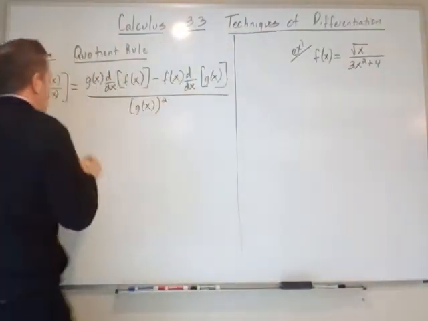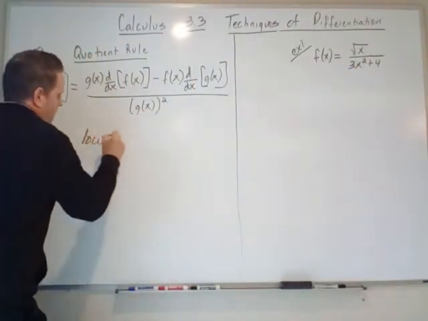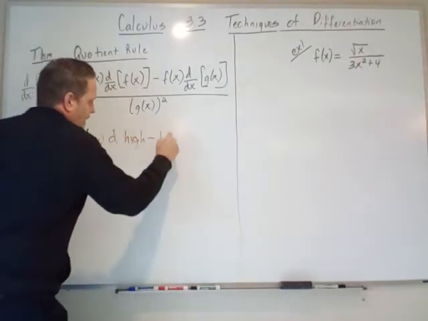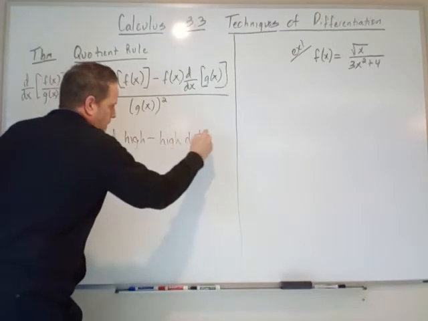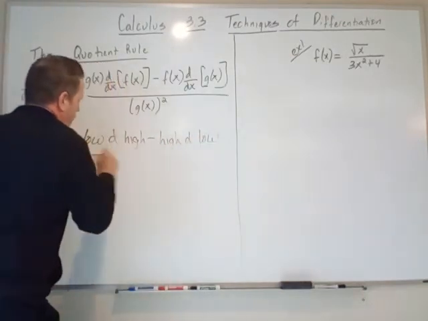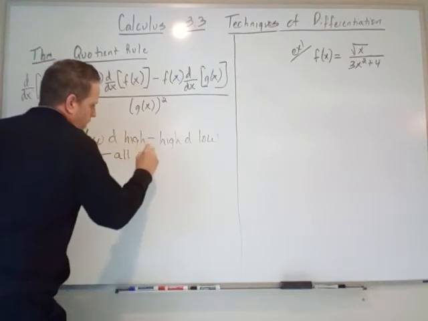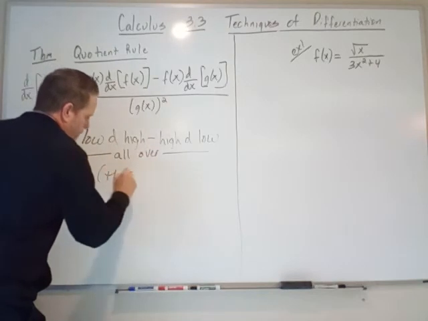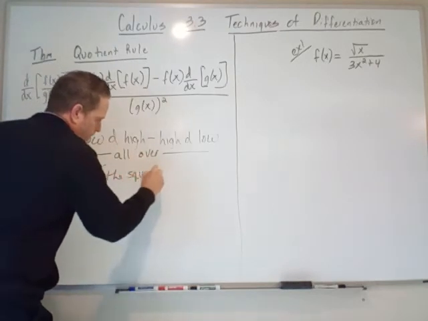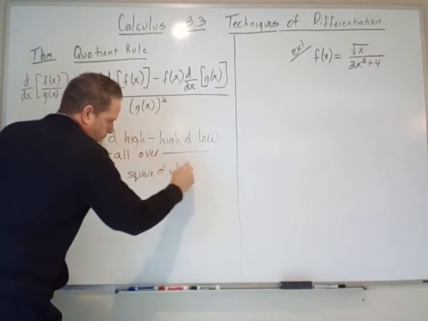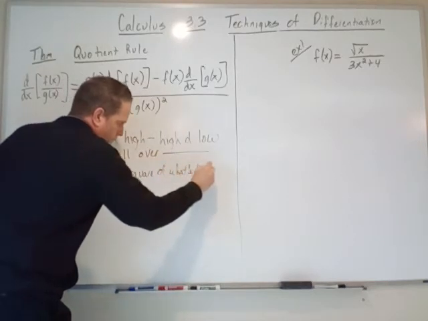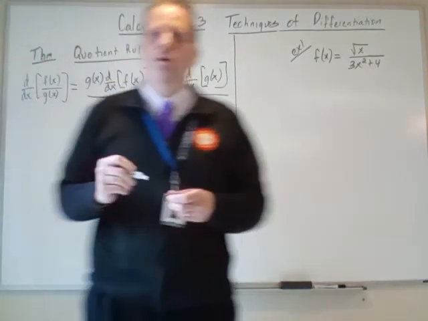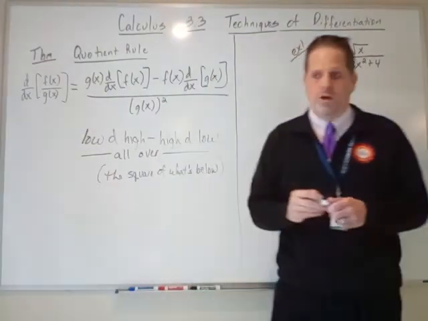So we have low, d high, minus high, d low, all over the square of what's below. So, low d high minus high d low all over the square of what's below.